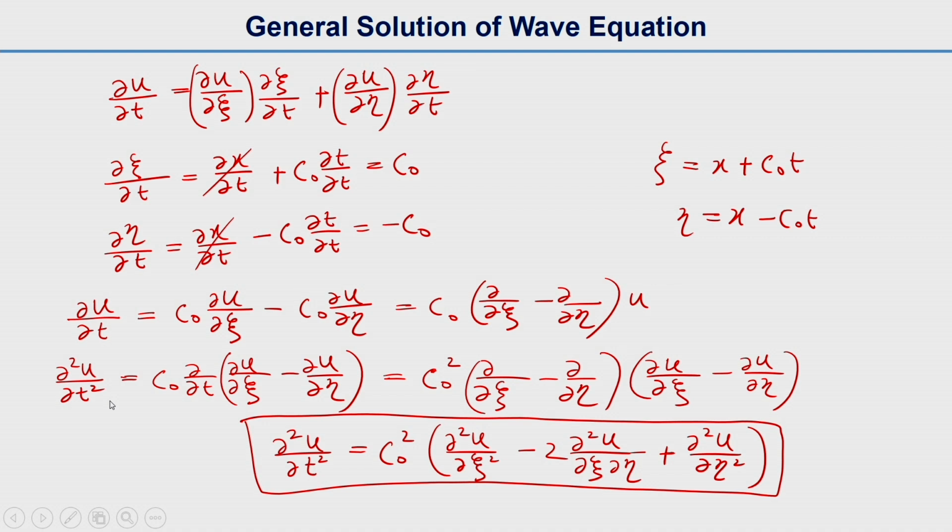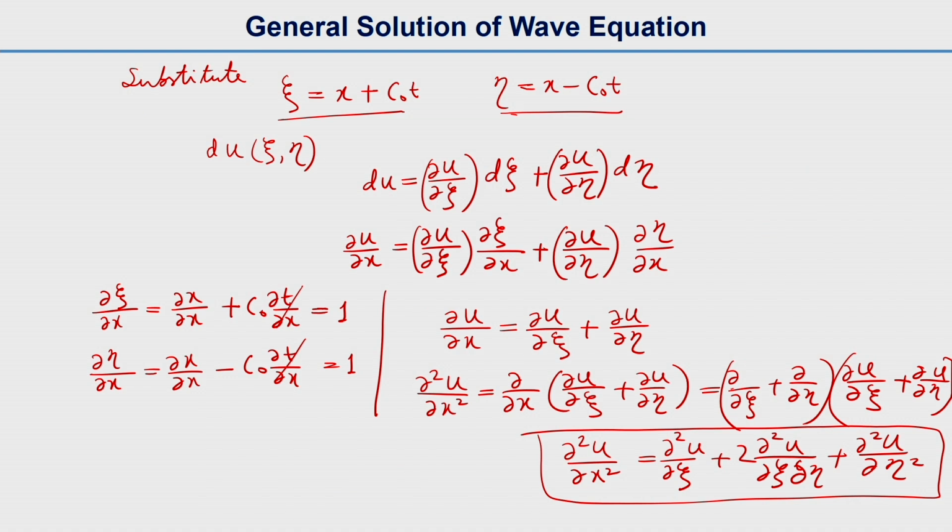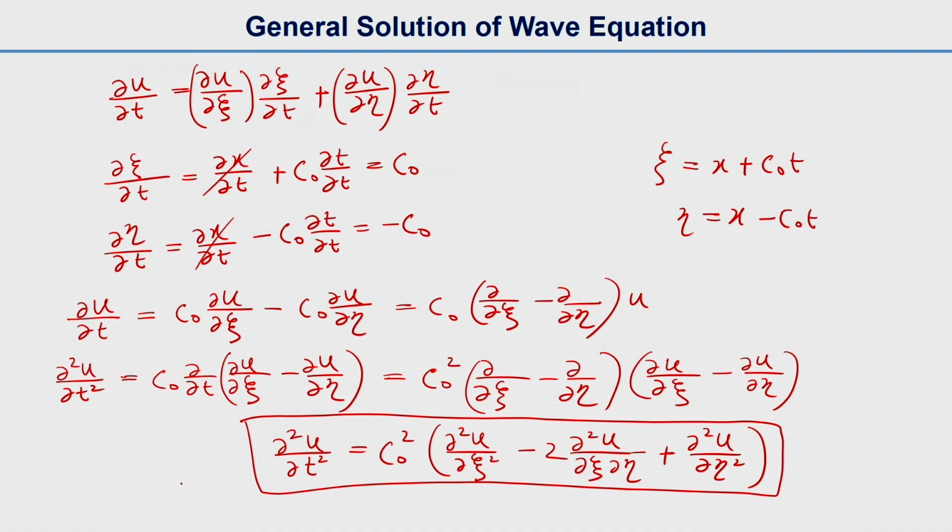So now we will use both these relations. The first relation we got, let us call it a, is the second partial of u with respect to x, and the second one, let us call it b.